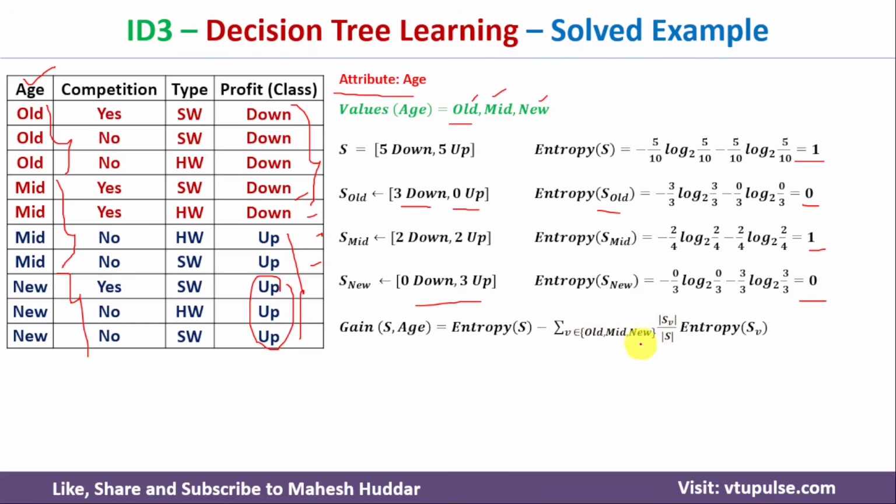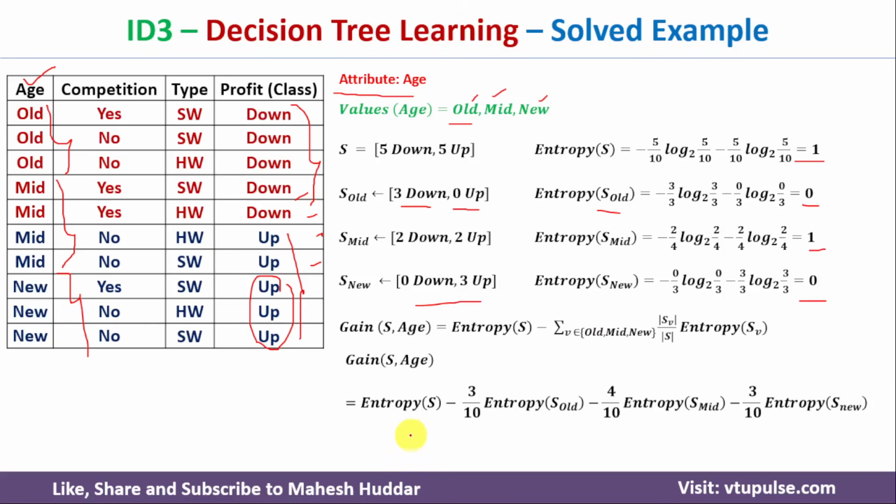Once you expand this, we get the information gain equal to entropy of S minus 3 divided by 10 into entropy of S old, minus 4 divided by 10 into entropy of S mid, minus number of new examples divided by total number of examples into entropy of S new.